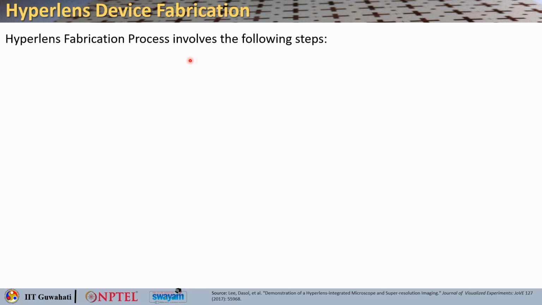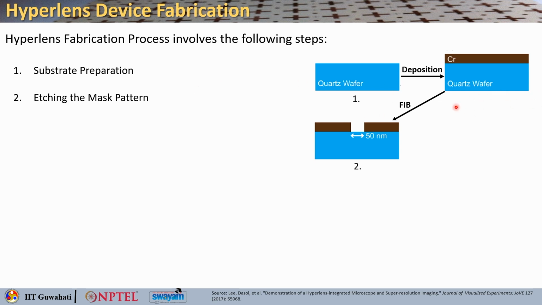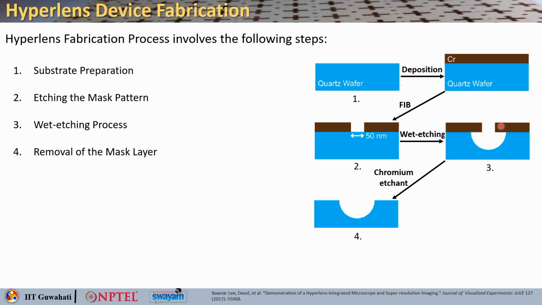Hyperlens fabrication process typically involves the following steps: substrate preparation first, and then you do the deposition to make an etching mask pattern. After that, the third step is a wet etching process that creates this particular shape, and then you remove this mask.